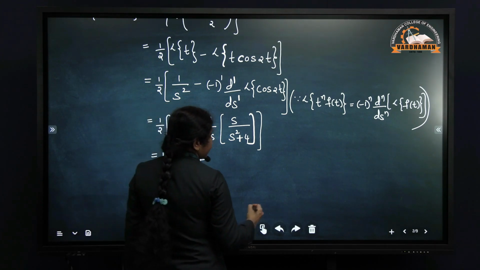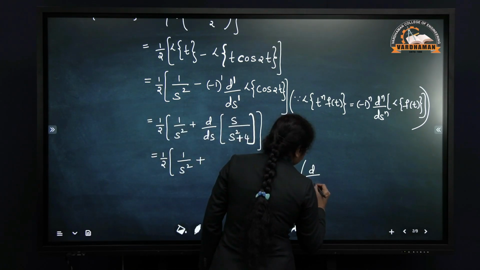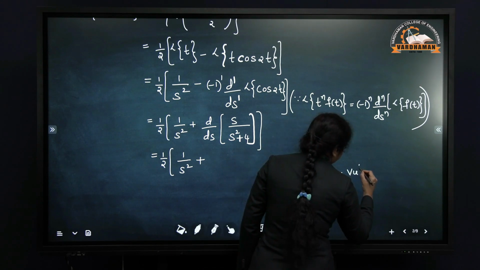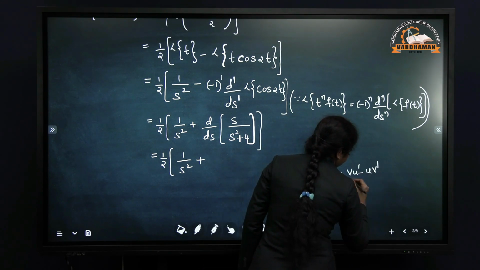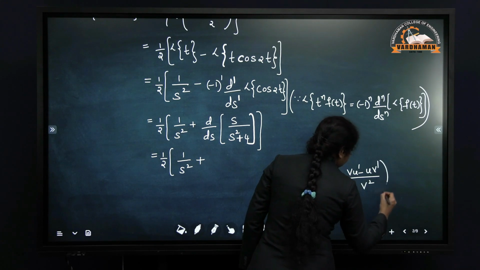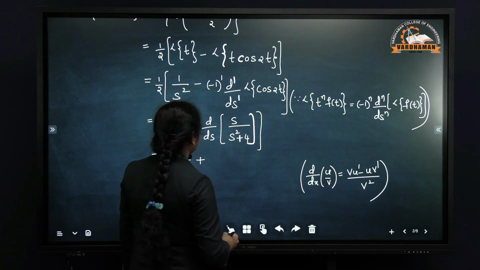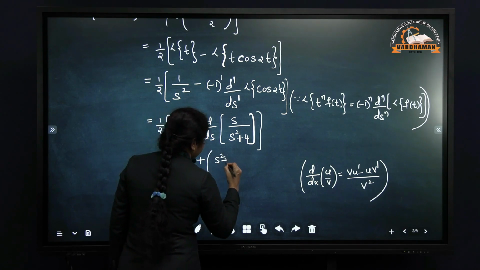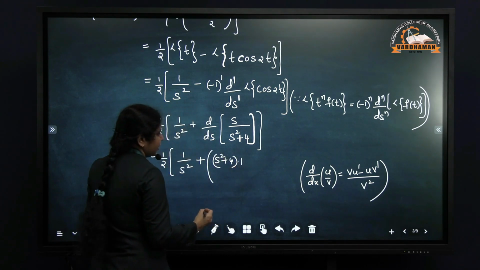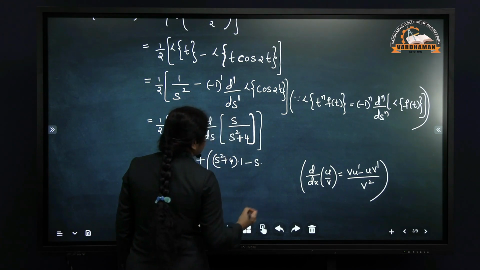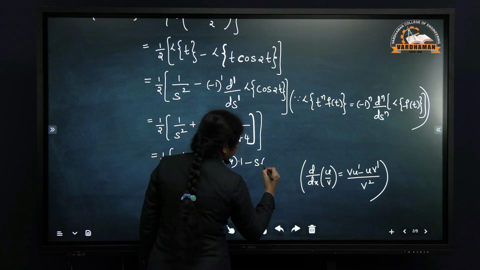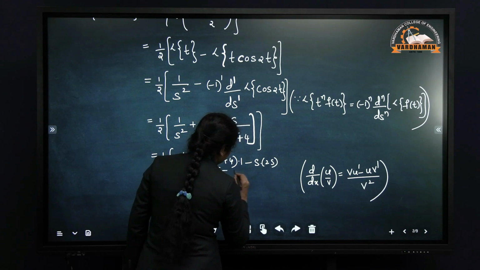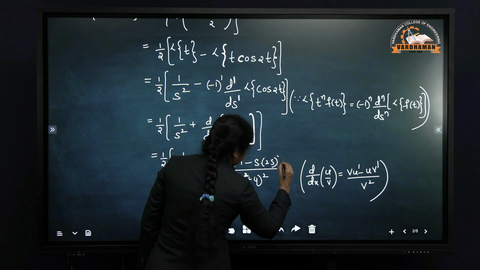Now apply the derivative of u by v. What is the derivative of u by v? It is (v u dash minus u v dash) by v square. Applying this rule for this expression, we get (s square plus 4) times the derivative of s, which is 1, minus s into the derivative of s square plus 4, which is 2s, all by (s square plus 4) whole square.